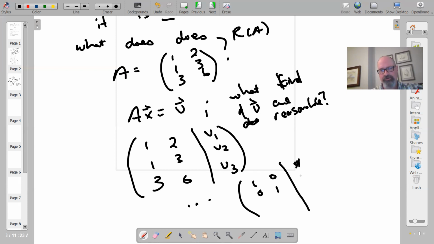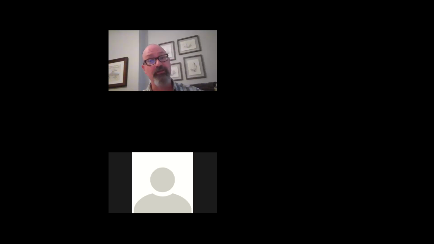You'll have some entries over here, which are the combinations of the V's, and you'll also have 0, 0, and some third entry. That third entry will also be a combination of the V's, but for the system of equations to be consistent, that last entry has to be equal to 0, and that's the condition that you want. Once you identify what that condition actually is, if you pick a vector in R3 that doesn't satisfy that condition, then that vector cannot be in the column space of the matrix A.